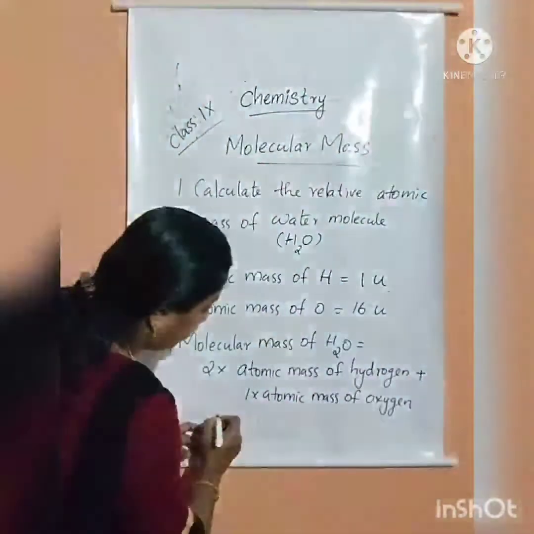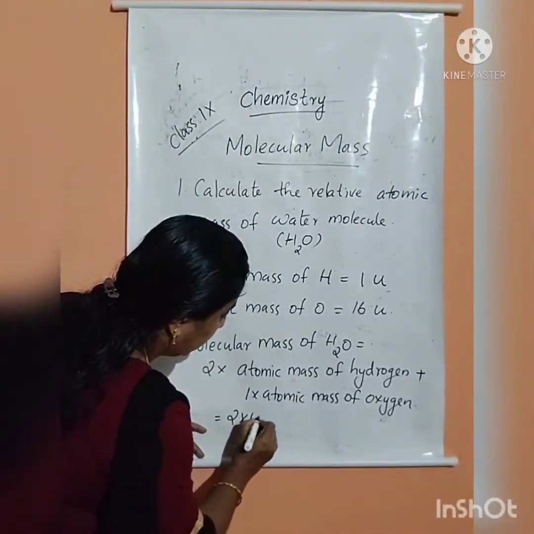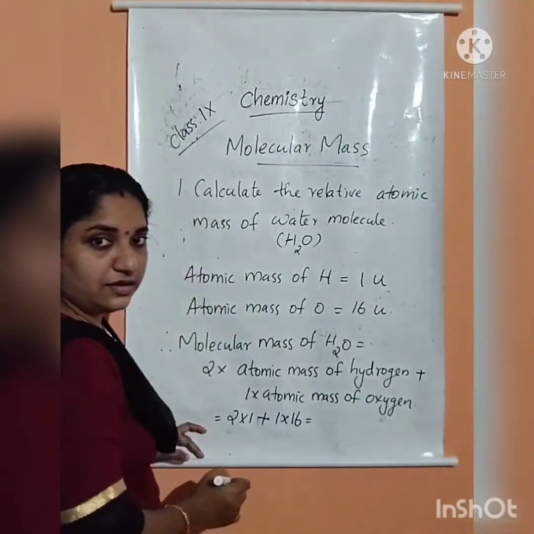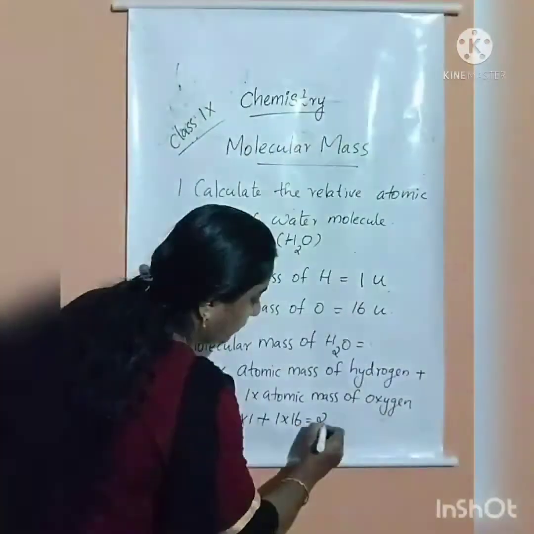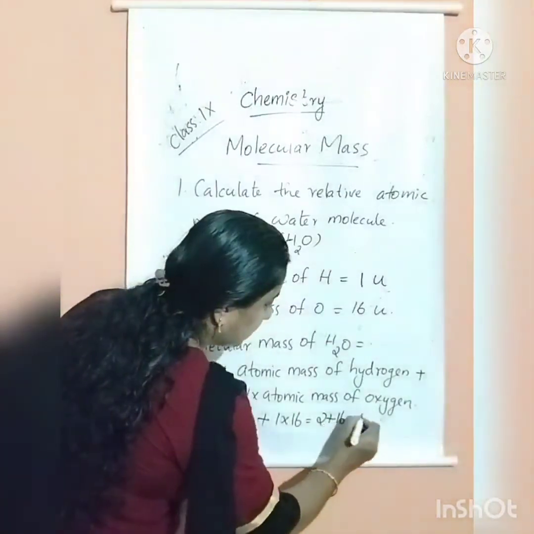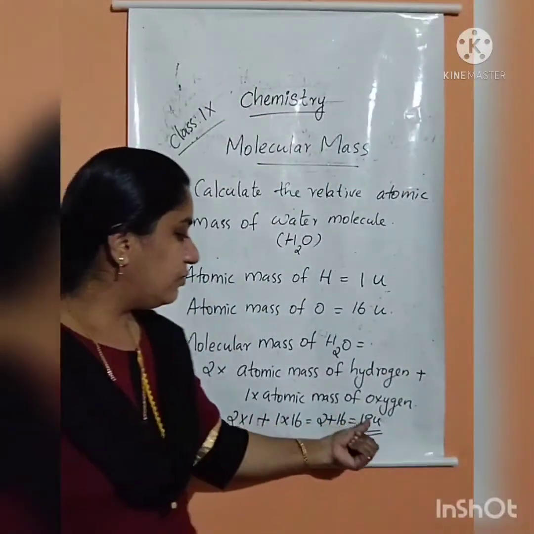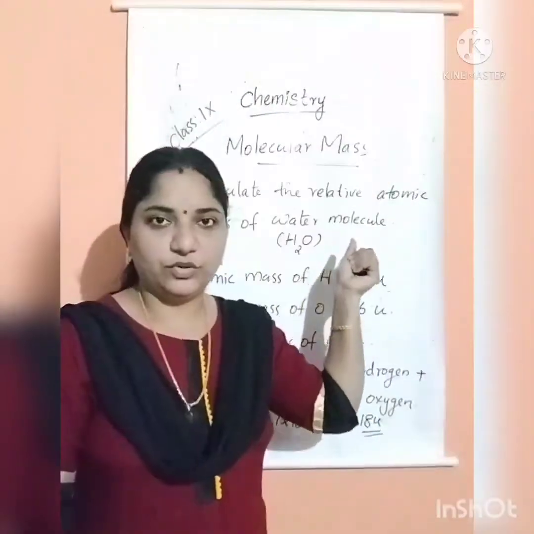So, it will become 2 into 1 plus 1 into 16. What is the answer? 2 plus 16, that is 18 atomic mass units. It is the molecular mass of a water molecule.